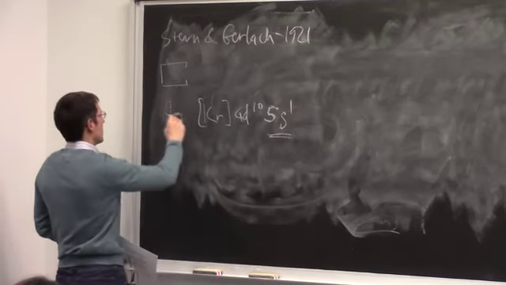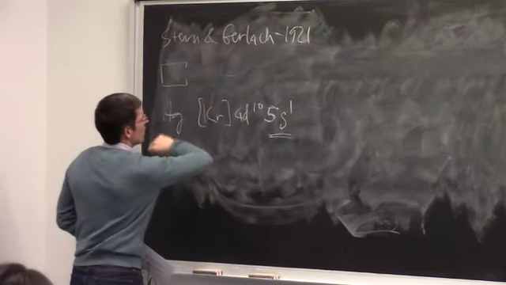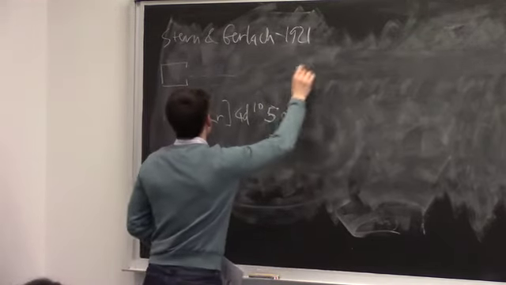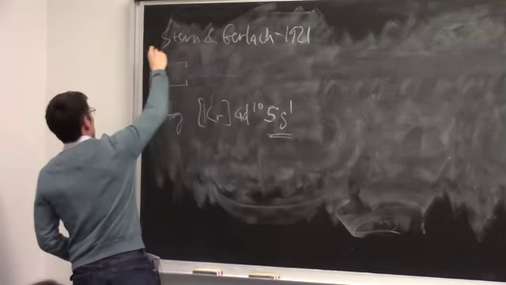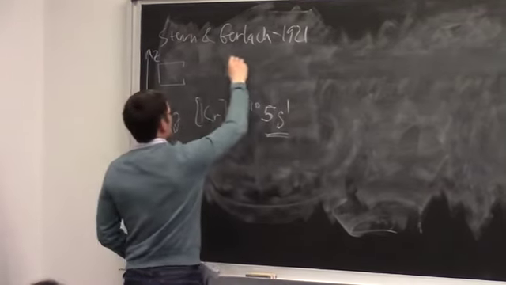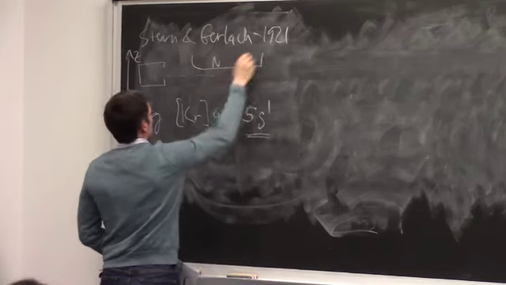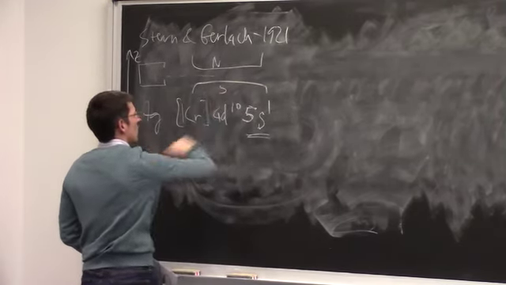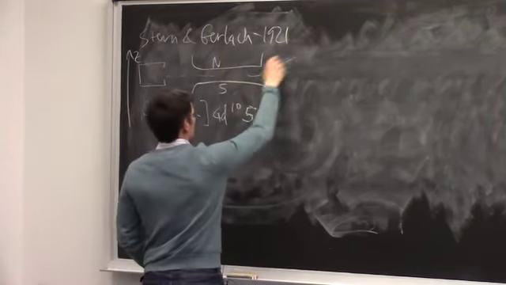And so they shoot these silver atoms through the magnetic field, which presumably was in the z direction, right? So it's the north pole, this is south pole, and what happened?